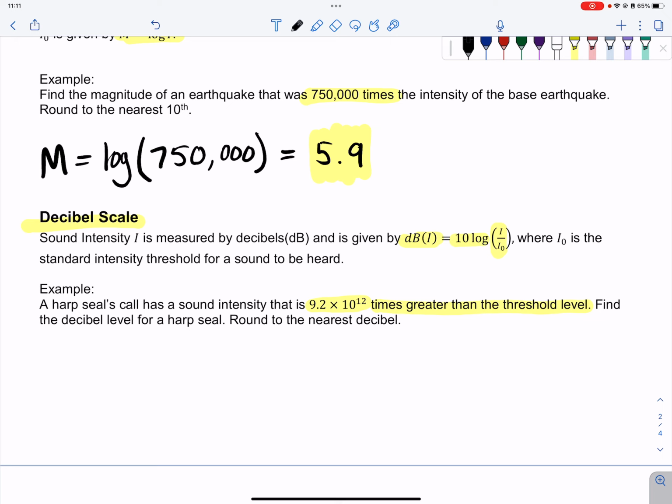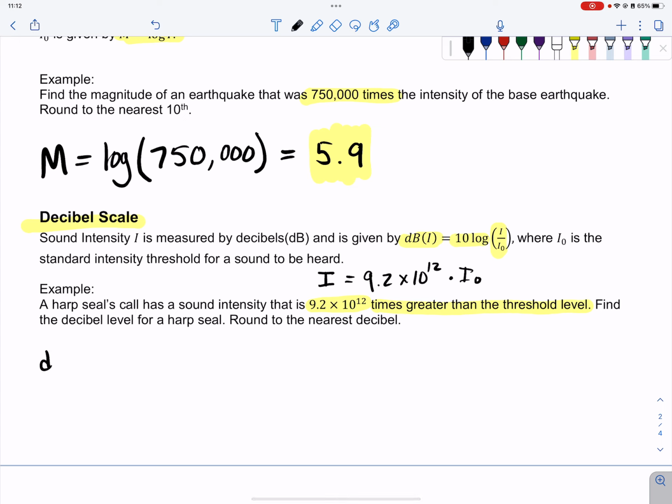So this here means then that our intensity of the harp seal call, I, is equal to 9.2 times 10 to the 12th power times greater, so that's being multiplied by the base intensity threshold level, which we're calling I0. So now let's find the decibel level for this harp seal call.